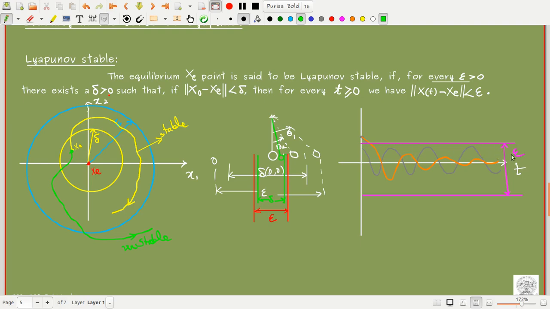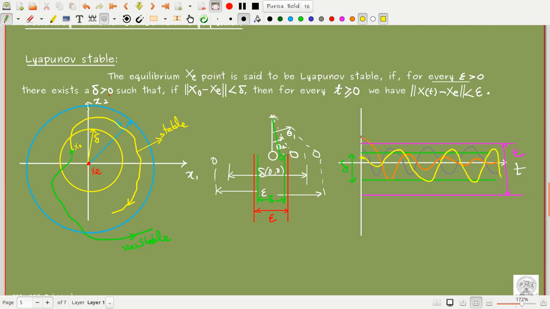So if you look at this equation, I give you some epsilon greater than 0. What is your duty? Our duty to show that the system is stable is that I have to find out some delta which is greater than 0, and show that I have a trajectory which starts from here and is something like this.